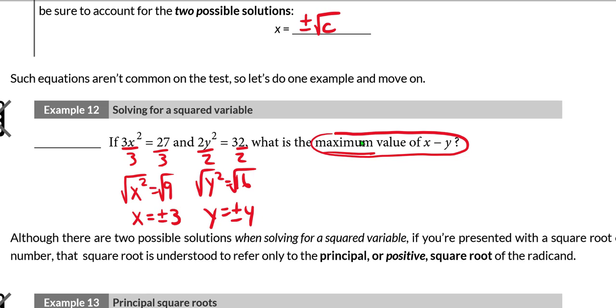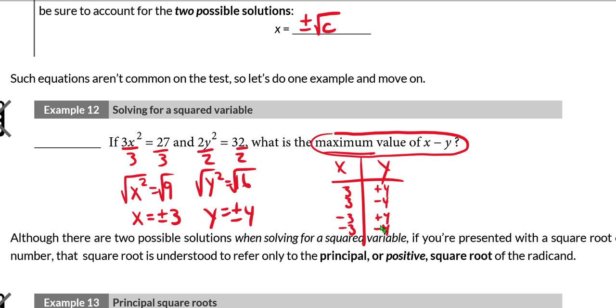Now, I could sit here and just try to think about how I can create the maximum value of this difference, x minus y. But I think what I'm going to do is set up a little t-chart here, and I'm going to do x is 3 and 3 and negative 3 and negative 3, and y is positive 4 and negative 4, positive 4 and negative 4.